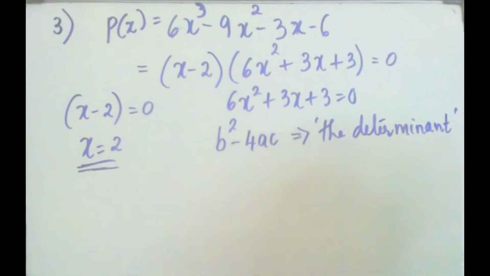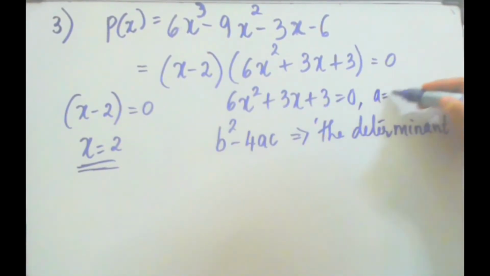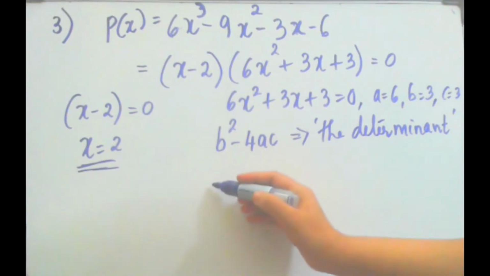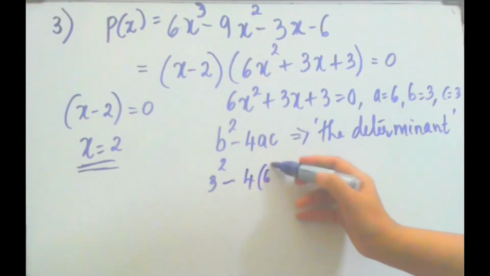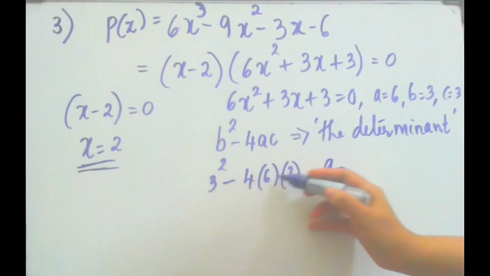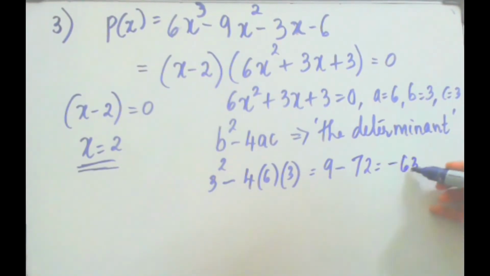So as you can see from the equation, we have a equal to 6, b equal to 3 and c also equal to 3. So b square minus 4ac, we get 3 square minus 4 into a into c, which is 9 minus 72. This gives us minus 63.